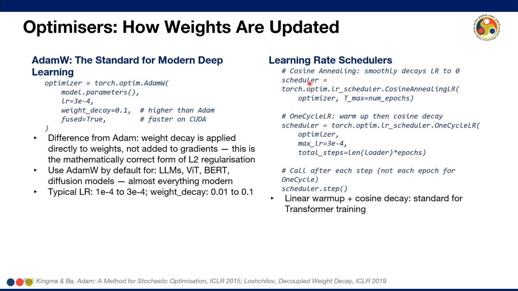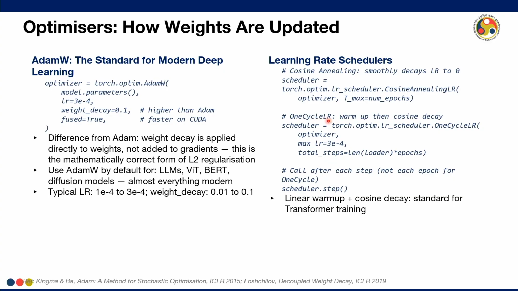Here we are using cosine annealing, which will slowly reduce the learning rate throughout this process. There is also OneCycleLR, which will warm up, then the cosine decay will happen. That means first we try to go faster in the initial phases because there is not much to learn.